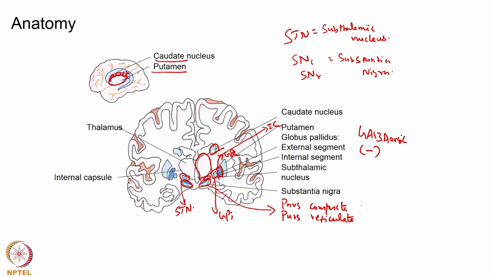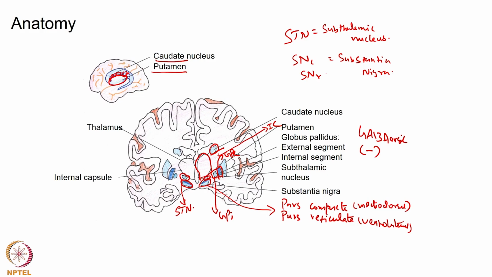The ventrolateral part of the substantia nigra is called pars reticulata. The mediodorsal nucleus is called pars compacta. They perform fundamentally different functions.